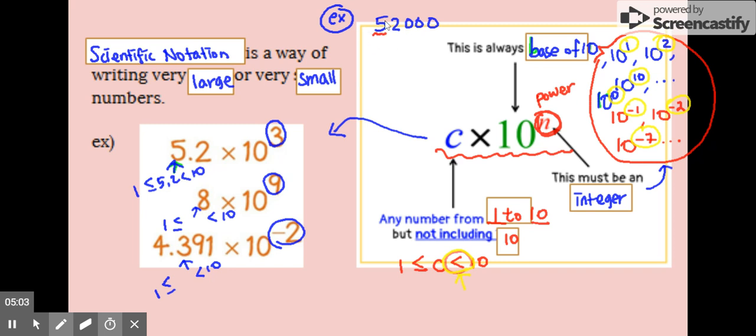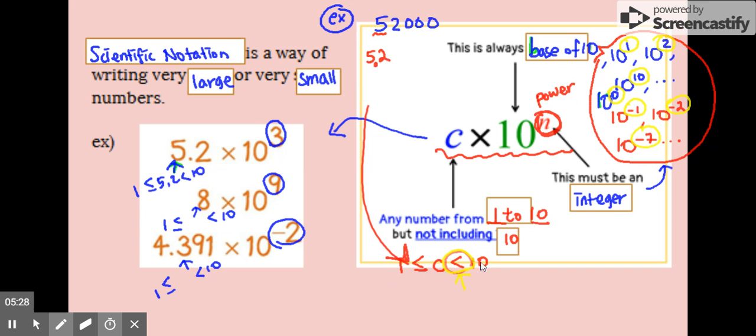Now we need to choose the number for the first part. If you choose 52, this is not between 1 and 10, right? So what's a number between 1 and 10? What number can you make with 5 and 2, and all the zeros? So you can choose 5.2, right?